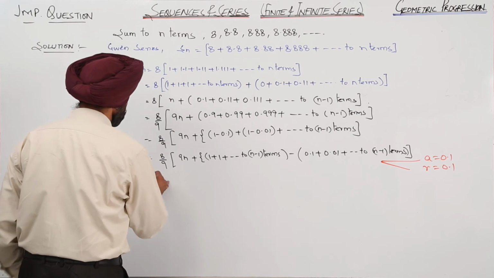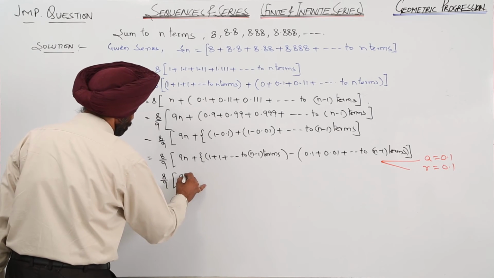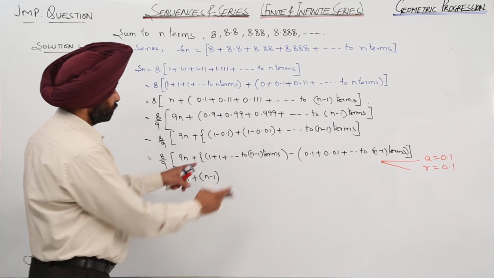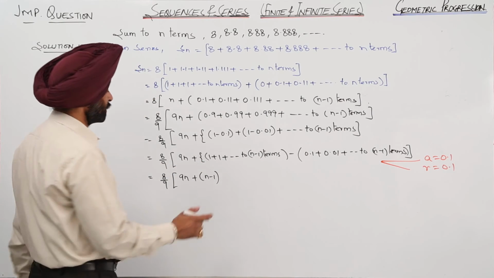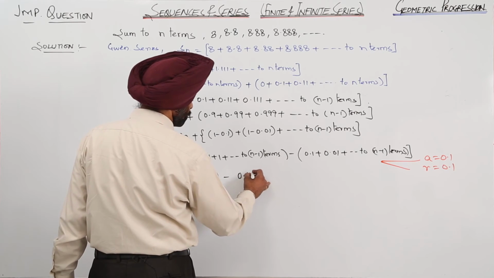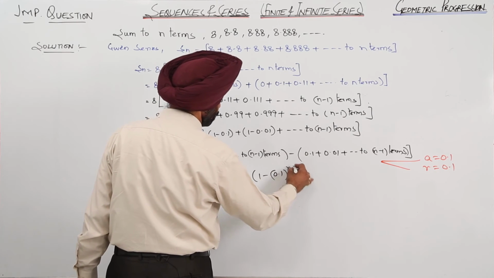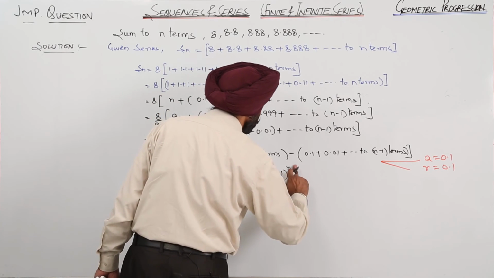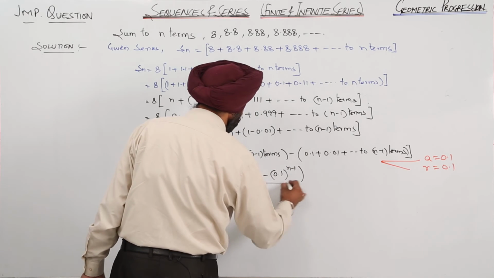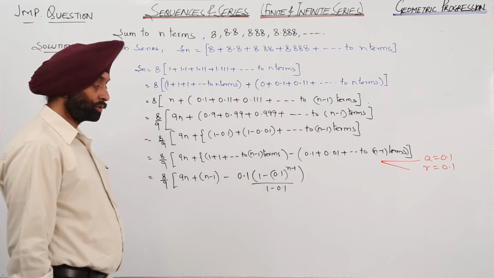Now this becomes 8/9 times (9n + (n minus 1)). For this part it will be n minus 1. Minus, now just applying the formula, 0.1 times (1 − 0.1 raised to power n minus 1) upon (1 − 0.1).